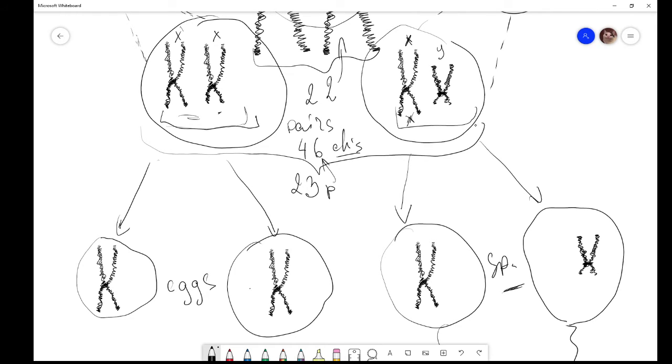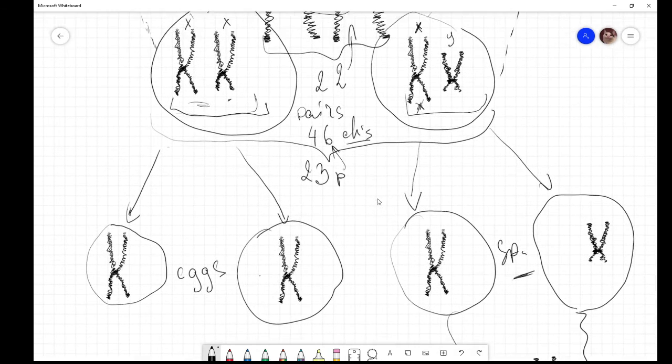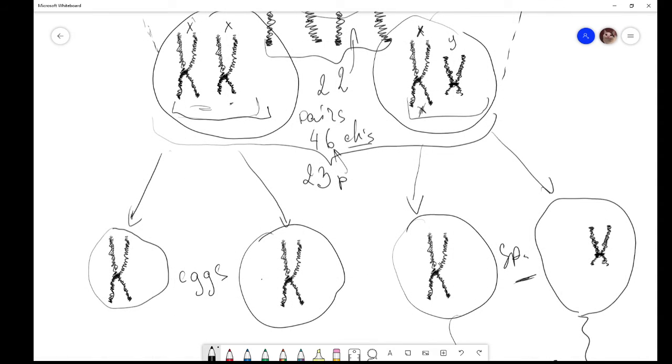And the male organism can give to their offspring, as I said, both variants of sex chromosomes, X and Y. This is the X chromosome, and this is the Y chromosome. Okay, what's next? I'm sorry, I jumped to another part of this topic.